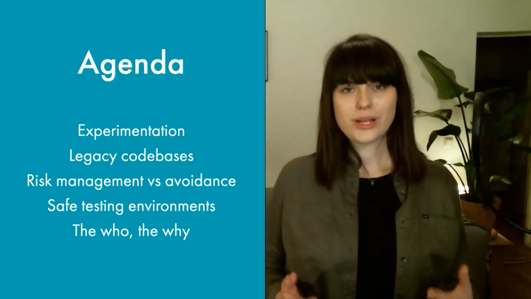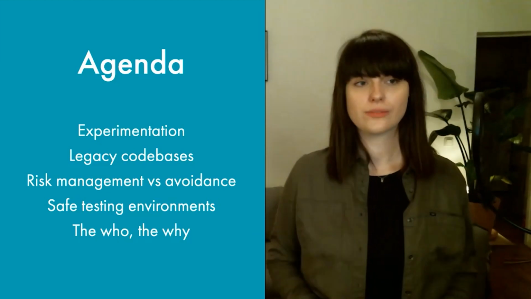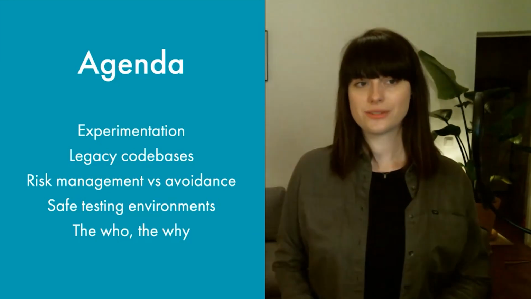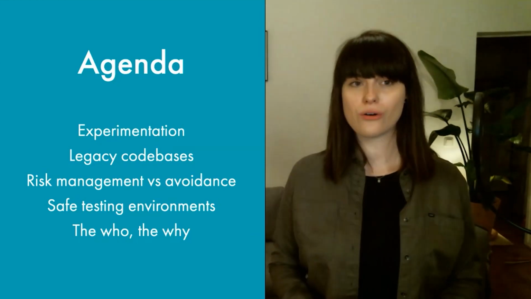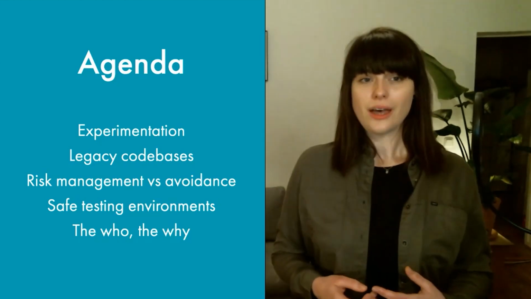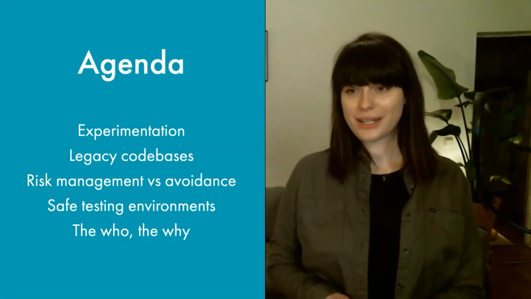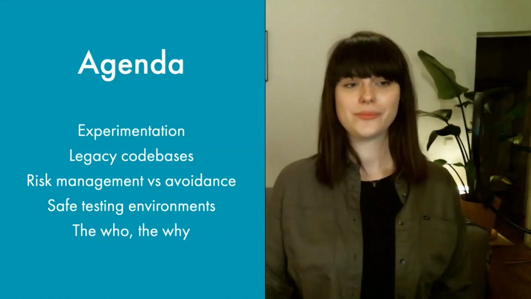Then we'll see how risk management differs from risk avoidance. We'll also discuss the impact of safe testing environments on creating a culture of experimentation and bringing novelty into your projects, basically. Then we'll finally try to answer the questions, who innovates and why?